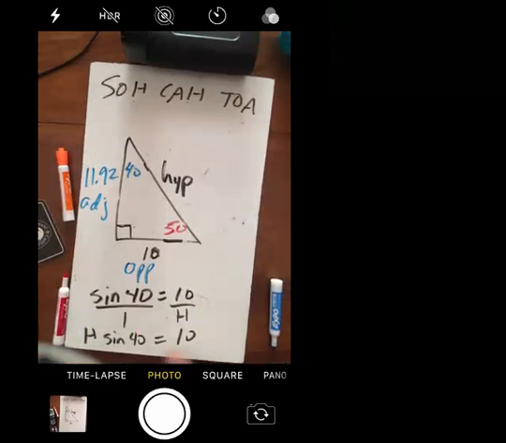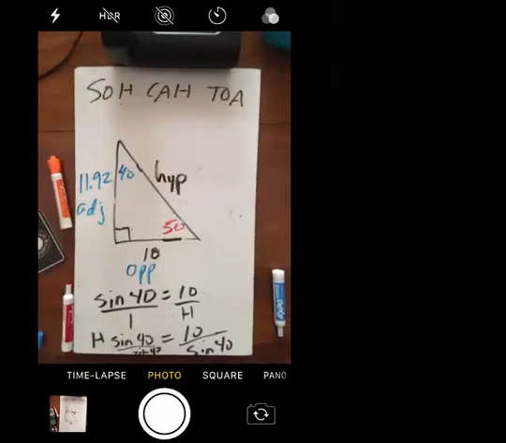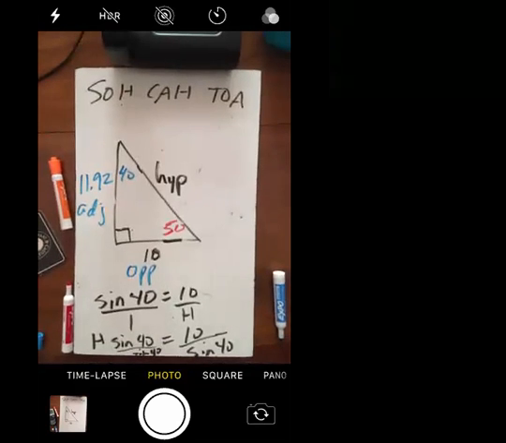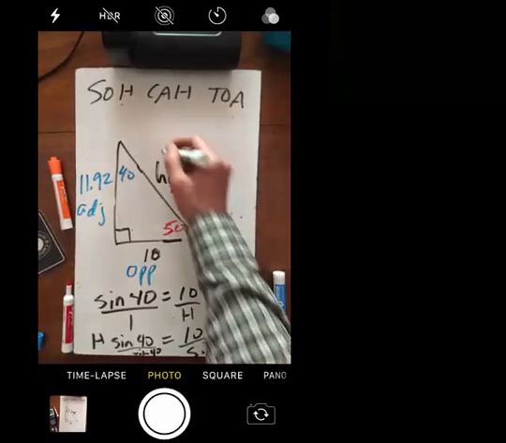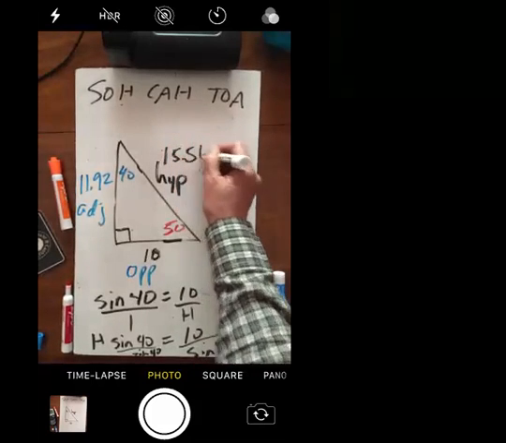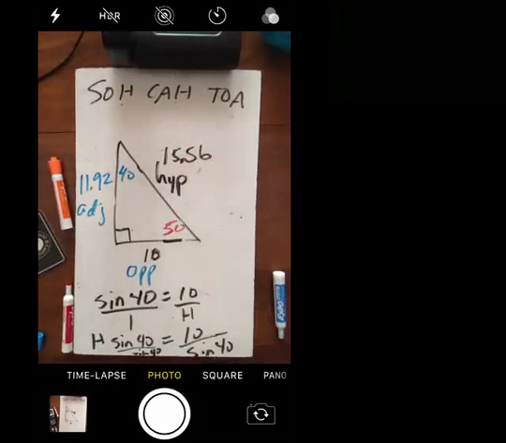This time I'll divide by the sine of 40. So divide both sides. 10 divided by sine of 40. And then again, I can use the calculator to estimate that. So this is approximately 15.56. That's an approximation.